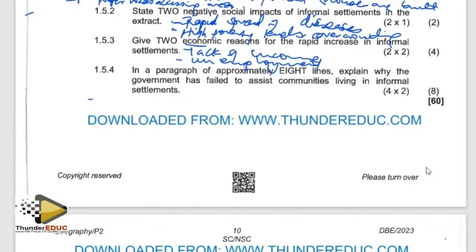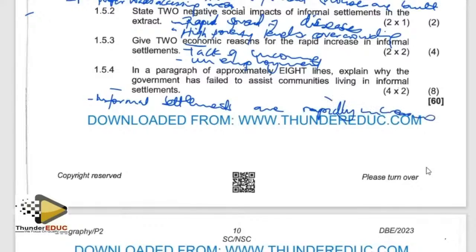So why do you think the government has failed? Number one, informal settlements are rapidly increasing. So they are becoming too many, which makes it so hard for the government.